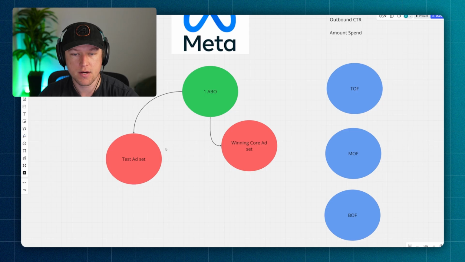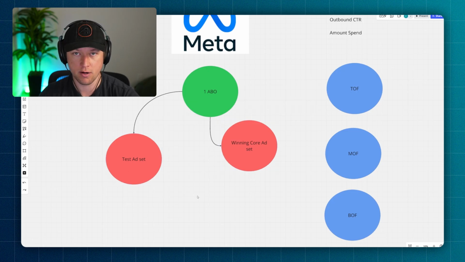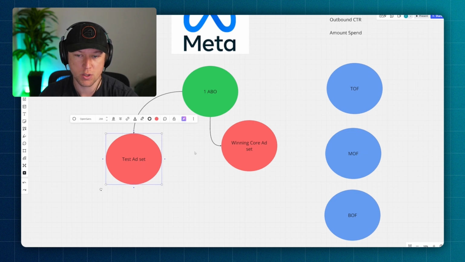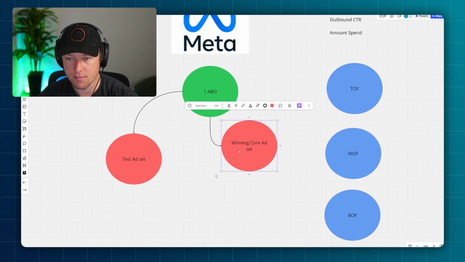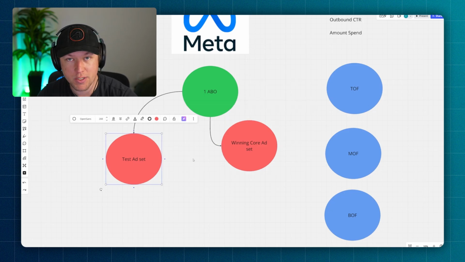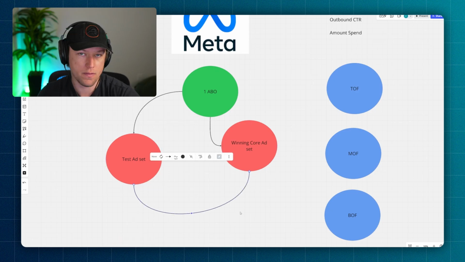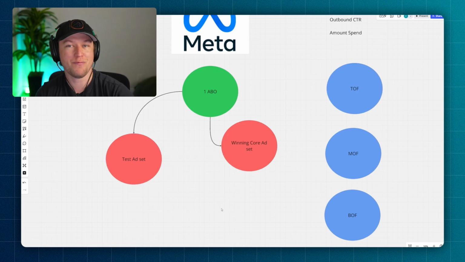What this causes is a weird feedback loop where you might see an ad get the majority of spend over here, and then all of a sudden your core campaign starts to perform better and better. So we can say, okay, obviously there's a correlation: if the ads stayed the same in the winning core campaign but the test ad set started to get a lot more budget, then we can correlate that this is most likely causing the effects on the core campaign. But we don't know for sure if that's happening or not.